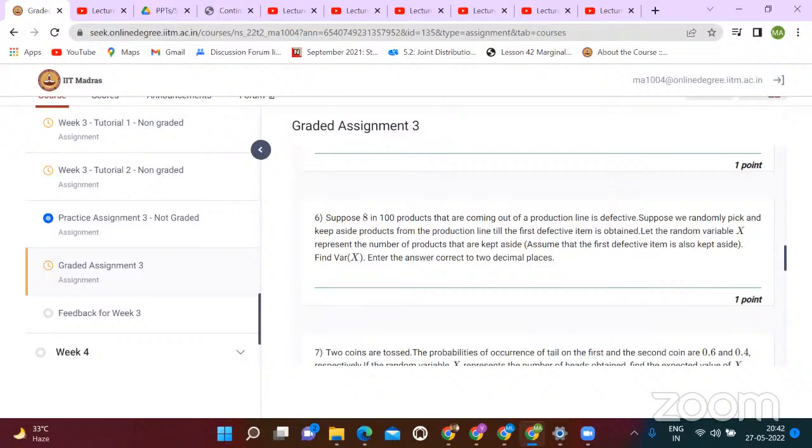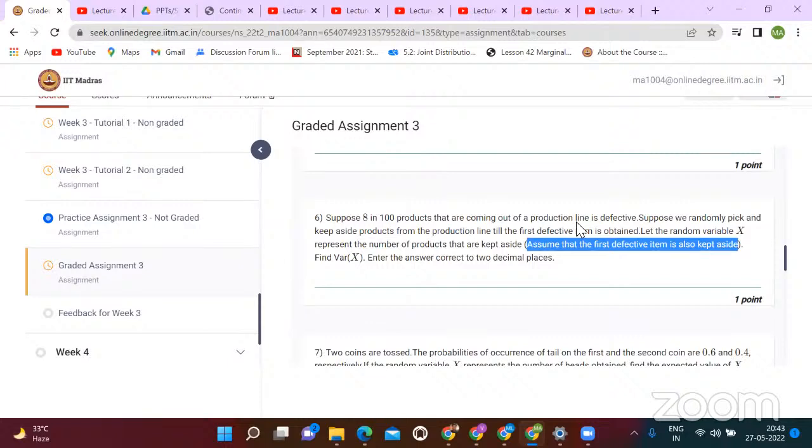Okay. So this line you're asking, assume the first defective item is also kept aside. Yes, sir. So if it is written, I guess you can't skip this line. Whoever has made this question has made it clear that you can't skip this statement. That's why they have written this. Because except this line, the other part is very clear, that it's a geometric progression. We can directly do that.